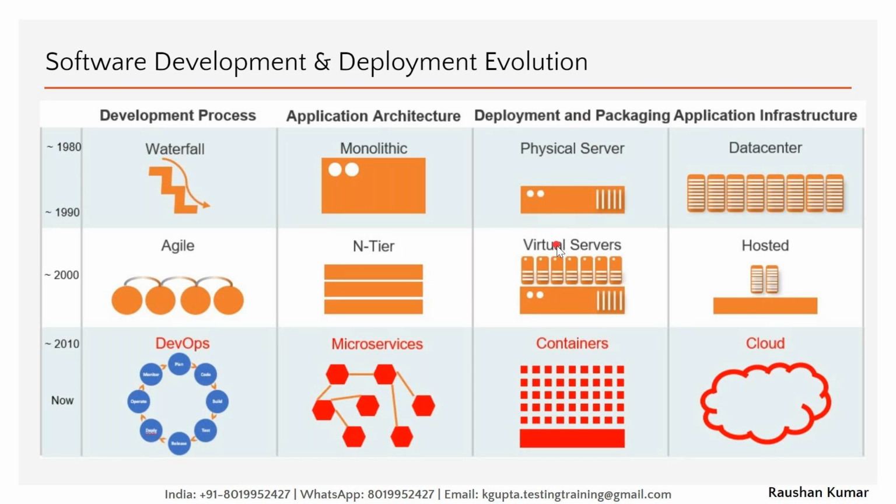You guys must be working on VMs. You call, give me a VM, give me a virtual machine. It's only possible because you have done the virtualization on the physical server. That's why you're able to create VMs.